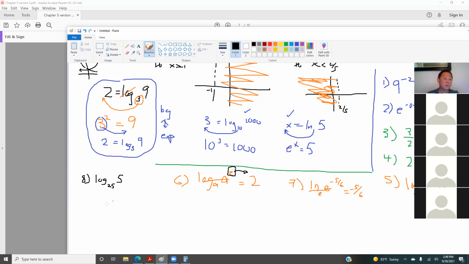So what we're going to try to do here is rewrite this 5 as 25 to the power of something, because then the 25 and 25 can cancel, and this power will be our answer. Can someone tell me 25 to the power of what gives us 5?